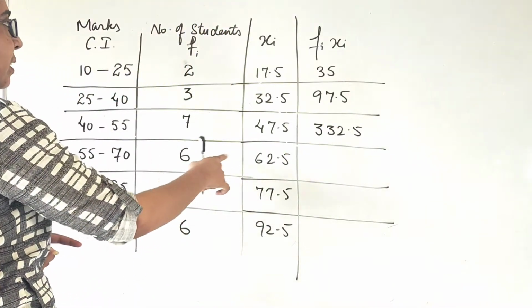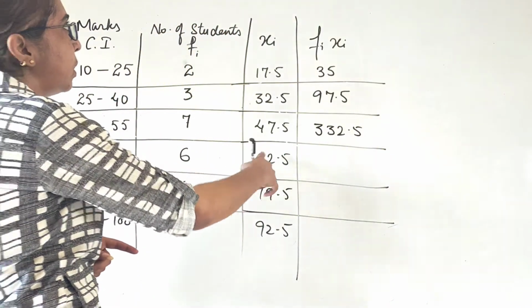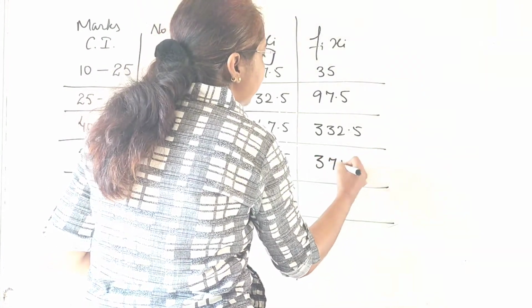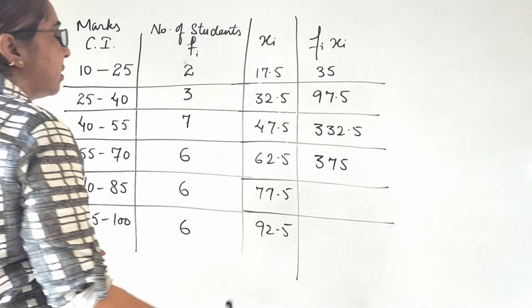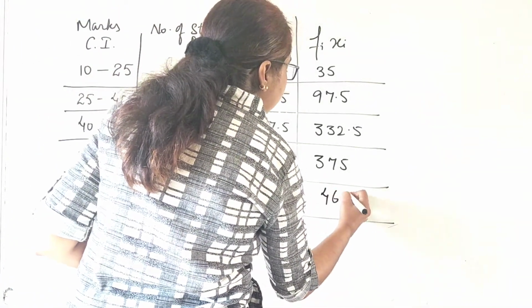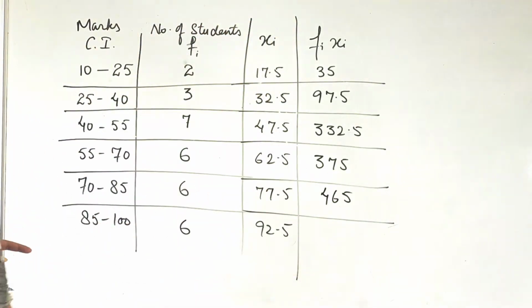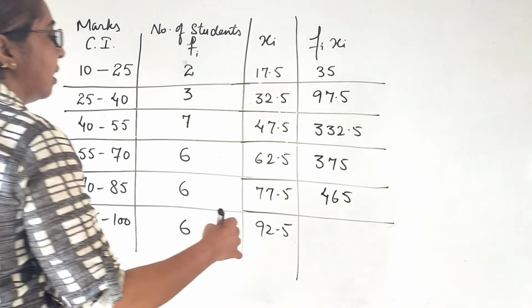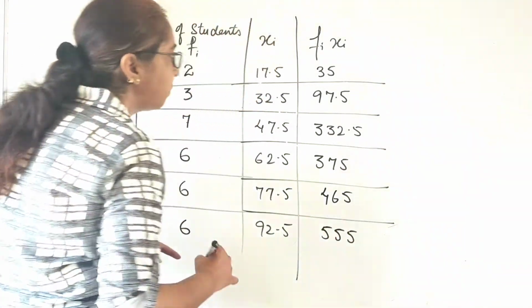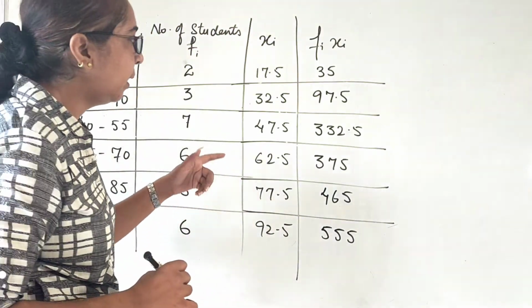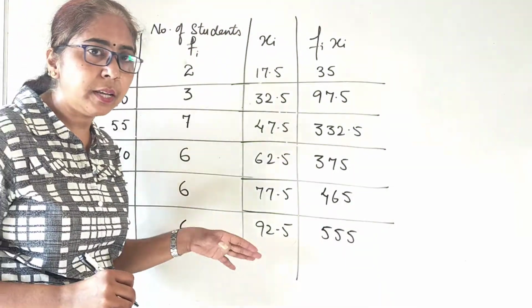And if you multiply 6 with 62.5, it will be 375. And 6 into 77.5 is 465. And 6 into 92.5 is 555. I hope I have not made a mistake.